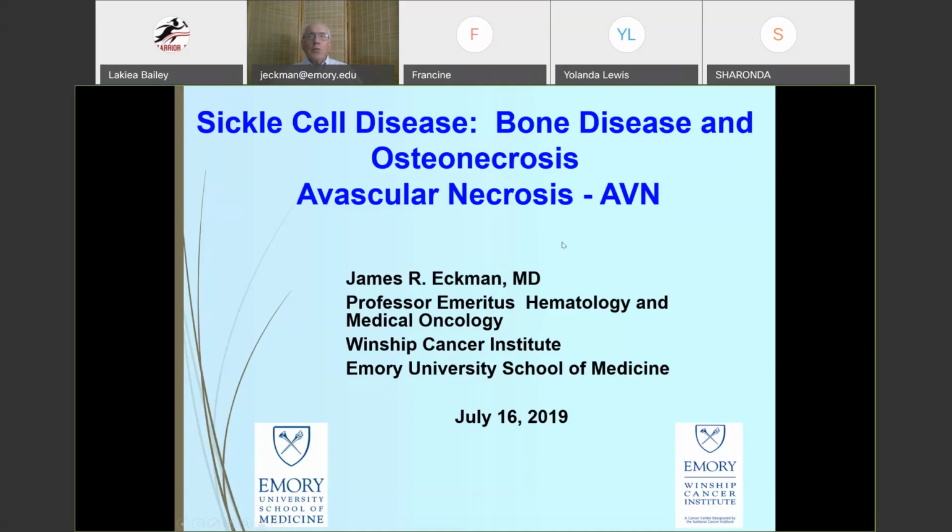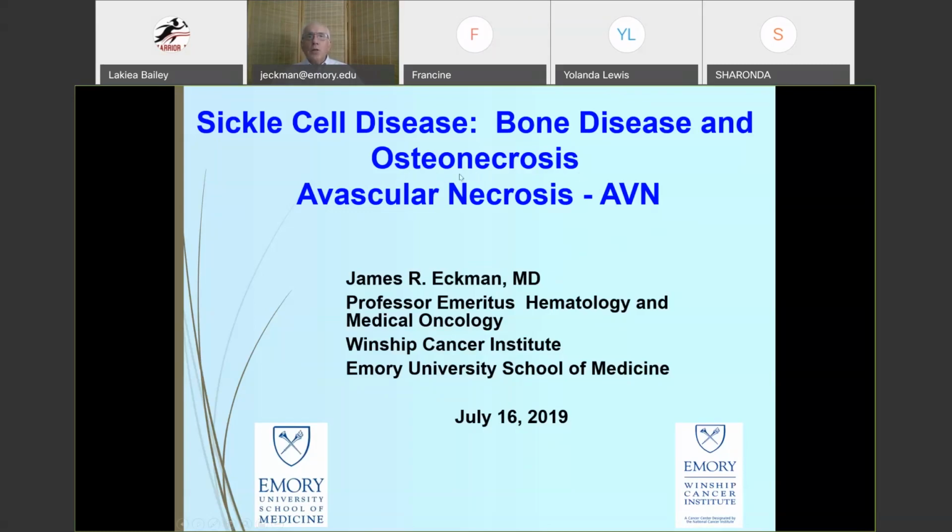Before we go past the first slide, I want to talk about a couple of terms, and they're tongue twisters, so I'm going to shorten them down. The first one is called osteonecrosis. Osteo means bone, and necrosis means death.